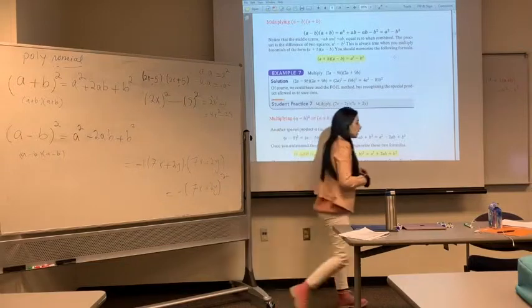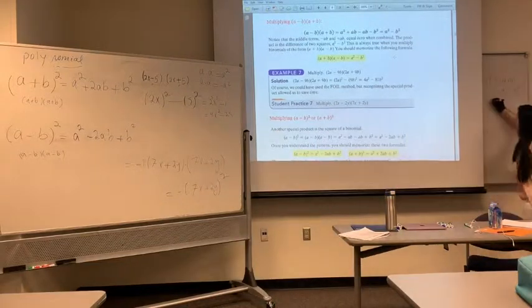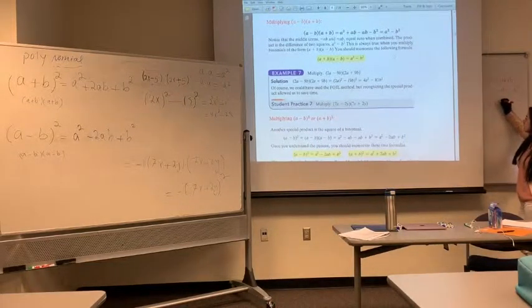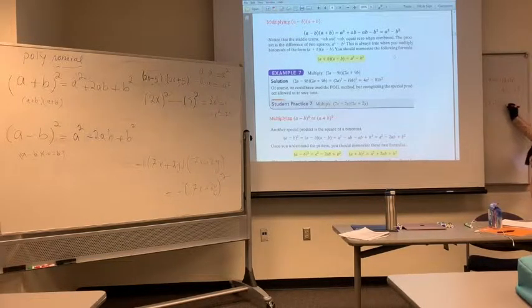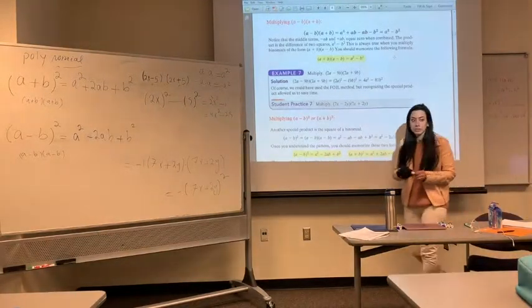So let me write down this formula. (a plus b) power 2 is a squared plus 2ab plus b squared. (a minus b) power 2 is equal to a squared minus 2ab plus b squared. So we have three formulas now.